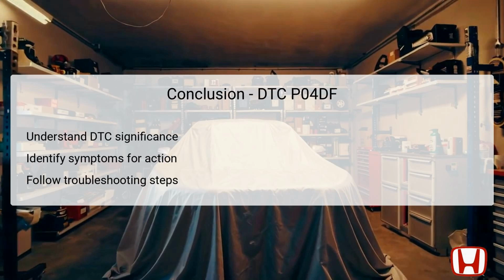In summary, understanding the diagnostic trouble code P04DF is crucial for optimal vehicle operation. Recognizing its significance allows technicians and drivers to act promptly at the onset of symptoms such as a lit MIL or performance issues. Following the outlined troubleshooting steps systematically ensures that any underlying problems within the EVAP system are addressed effectively.